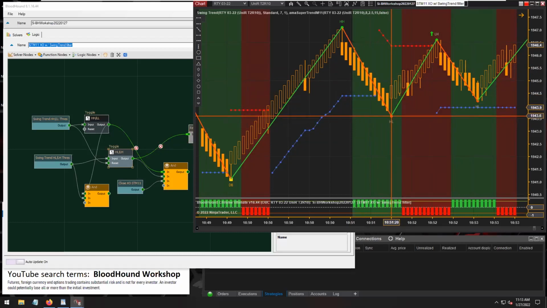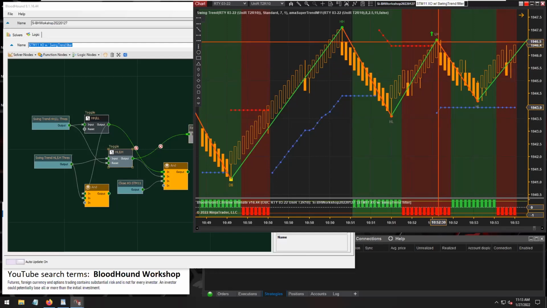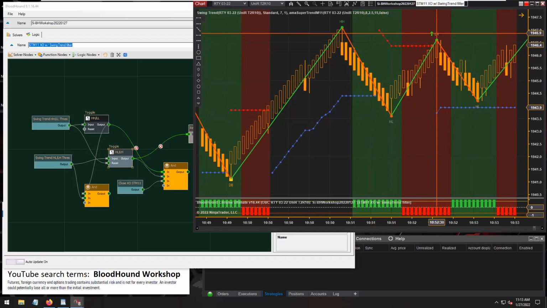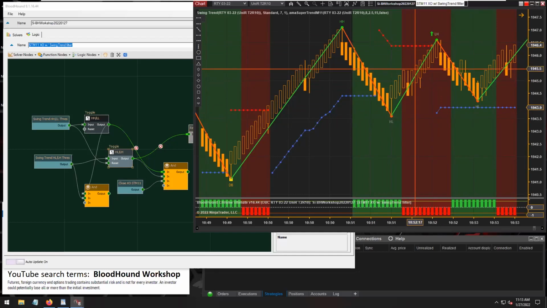So when the swing trend switched to a lower high, remember, we're using lower highs to identify a possible downtrend. But the problem is we didn't have a lower low previously. But that toggle node switched from long to short because the lower highs are a part of the short trend component, and so the toggle node reverses into a short output.